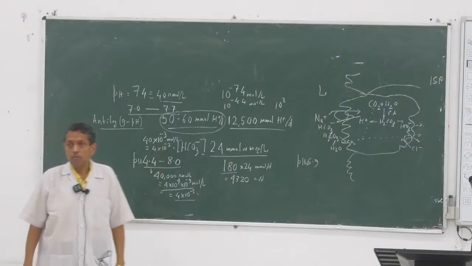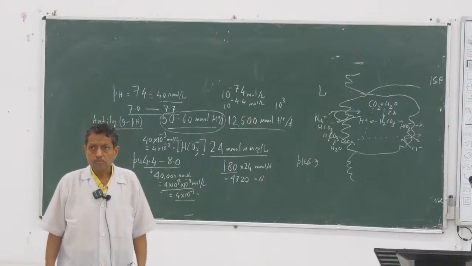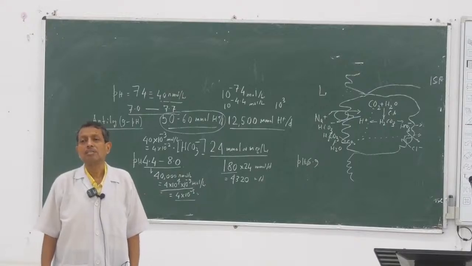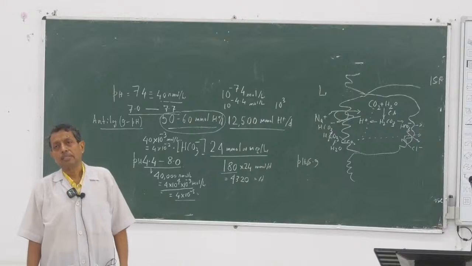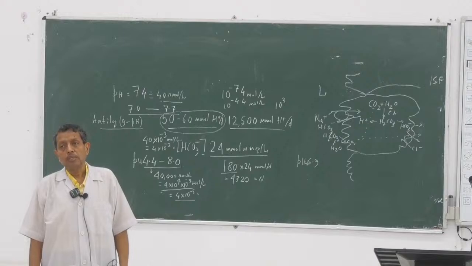So 1,000 liters of urine is to be produced per day to eliminate this. So maximally acidified urine is not adequate to eliminate the hydrogen ion produced by the metabolism, that has to be eliminated by the kidneys.